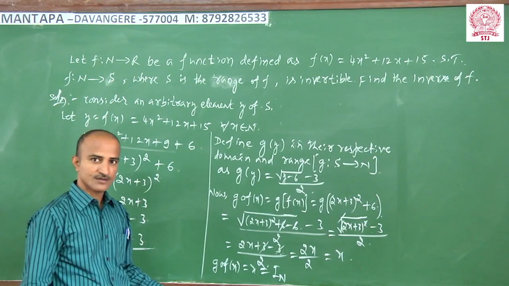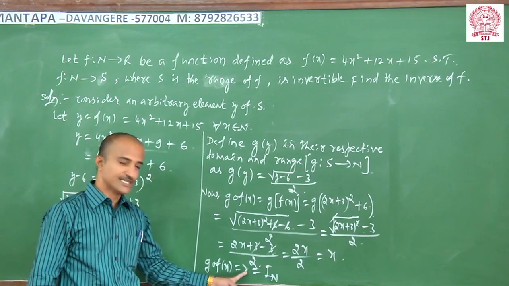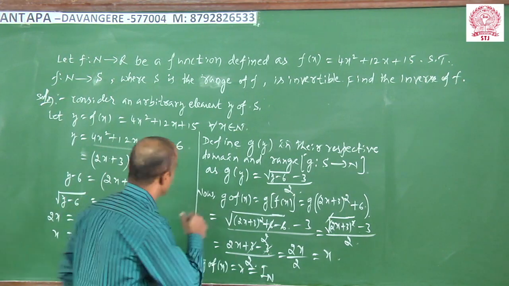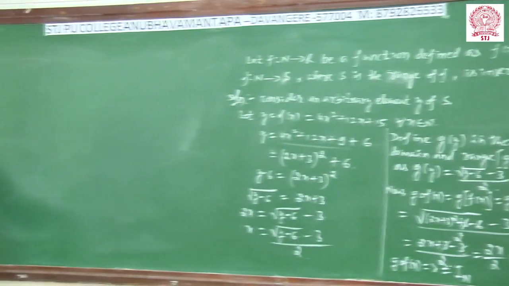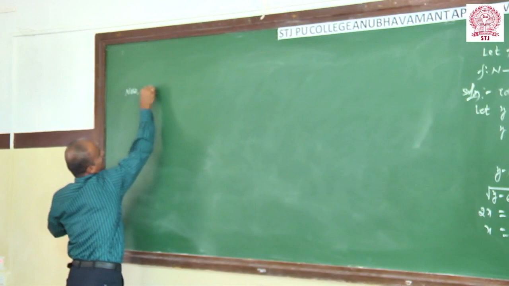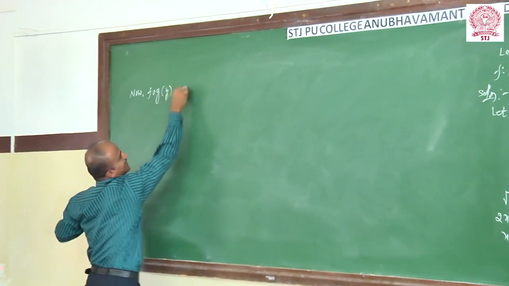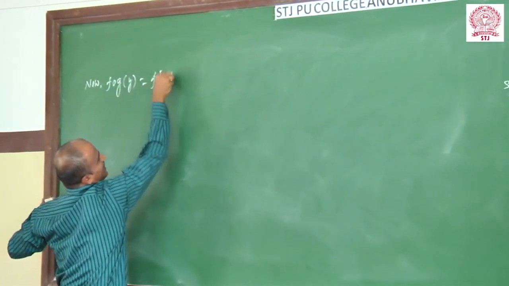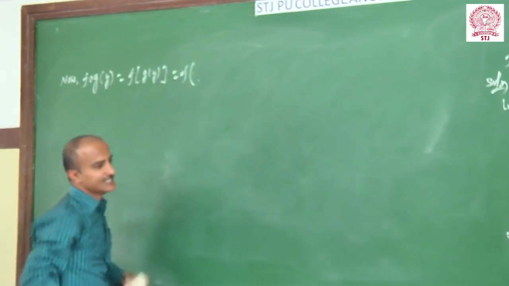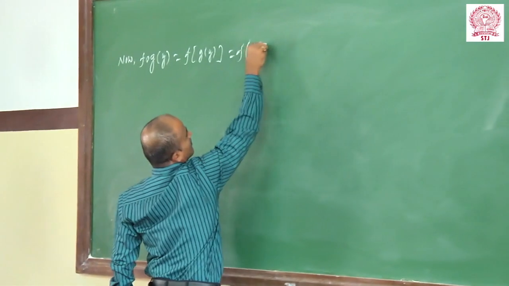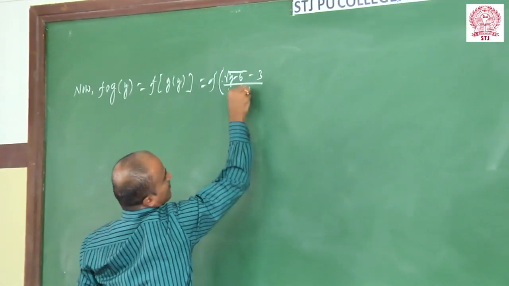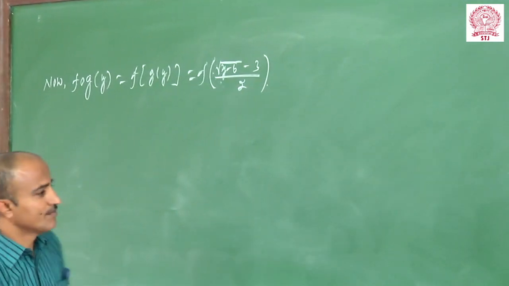Now, g∘f of x is x, and that will be equal to the identity element on N. Now, we will consider f∘g of y, where f∘g of y is written as f of g of y. What is g of y? g of y is root of y minus 6 minus 3 by 2.